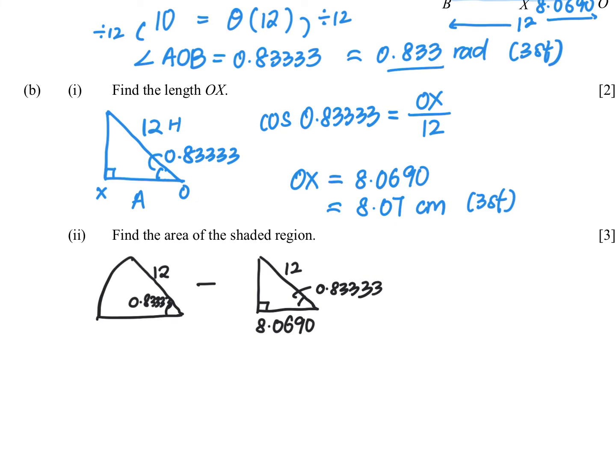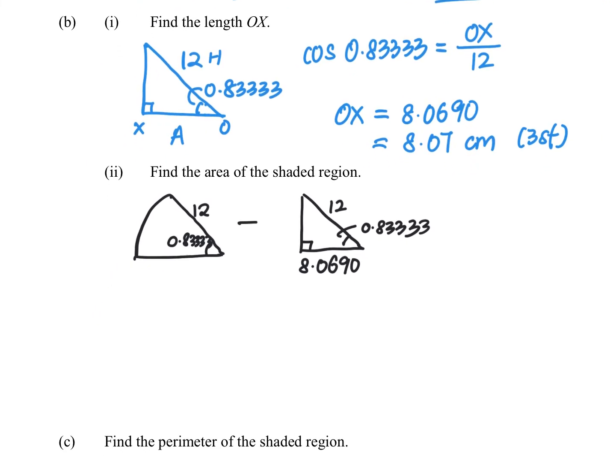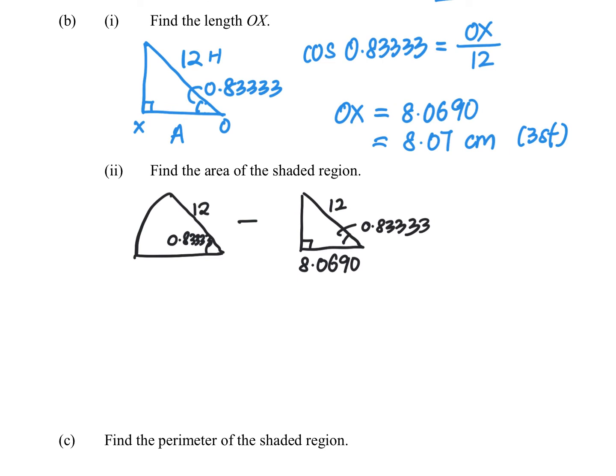Right? So using the following formulas, area of the shaded region will be taking the sector theta, which is 0.83333 over, instead of 360, we use 2 pi times pi r squared.